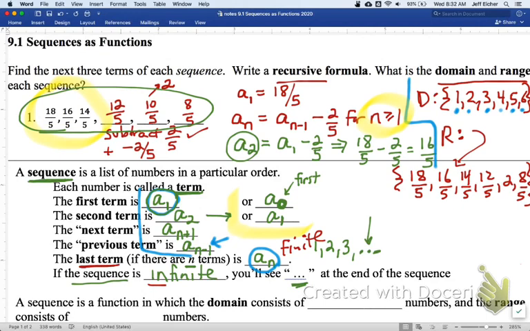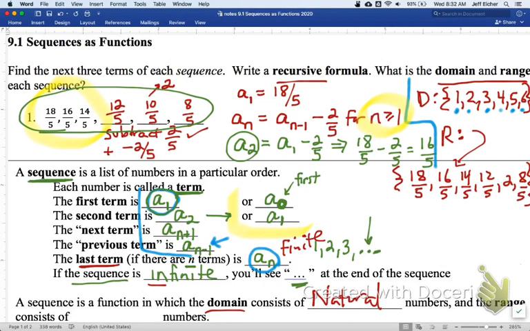And a sequence, last part here, a sequence is a function in which the domain consists of typically natural numbers. If we start with 0, it would be whole numbers, but typically we have natural numbers for the domain of a sequence. And then I can't really see it on the screen, but I think it says in the range.